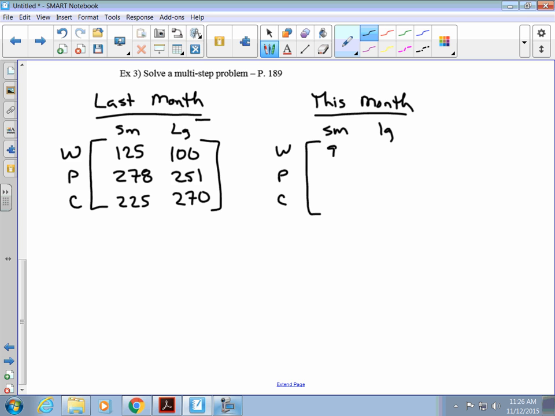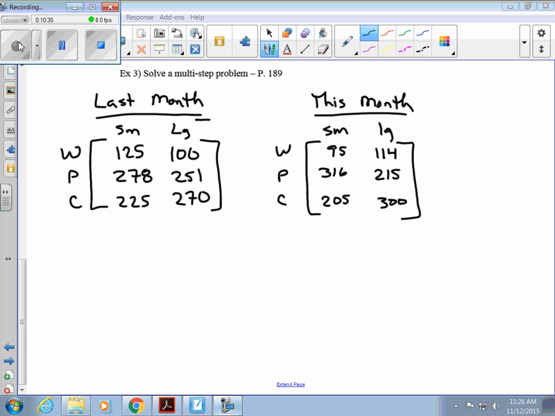So we're going to fill those numbers in the same on this one. All right, so here's last month's matrix, and here's this month's matrix.